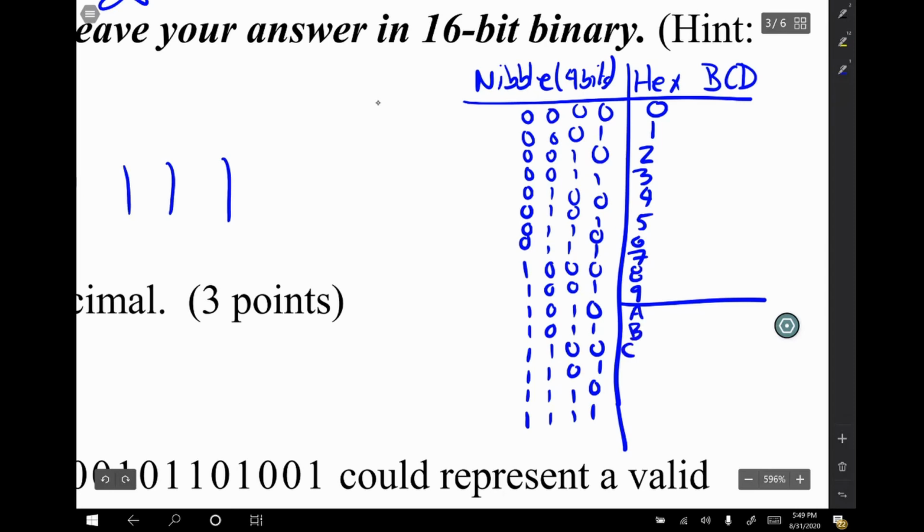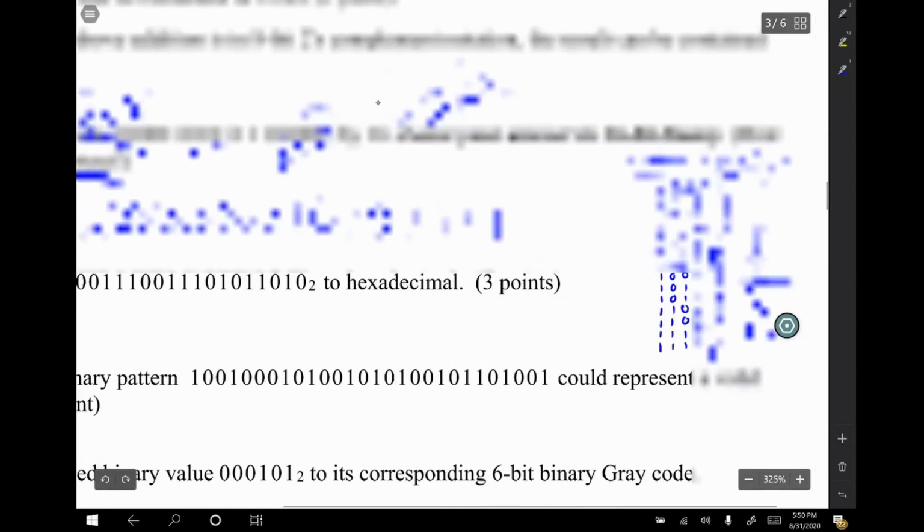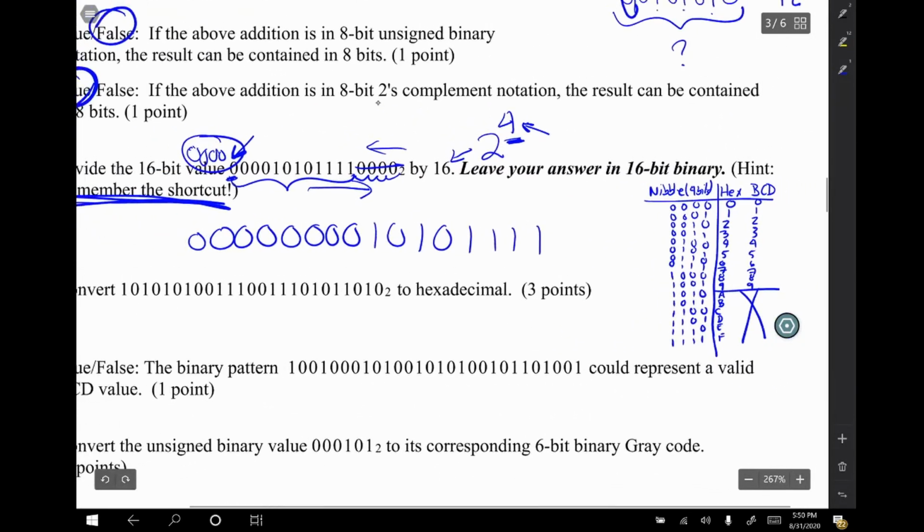A, B, C, D, E, F. The reason why I put a line there is because for the BCD column, we have the values in decimal exactly the same as they were for hex. But once you go to the letters, those patterns don't exist in the BCD nibble patterns that you'll do the conversion for.